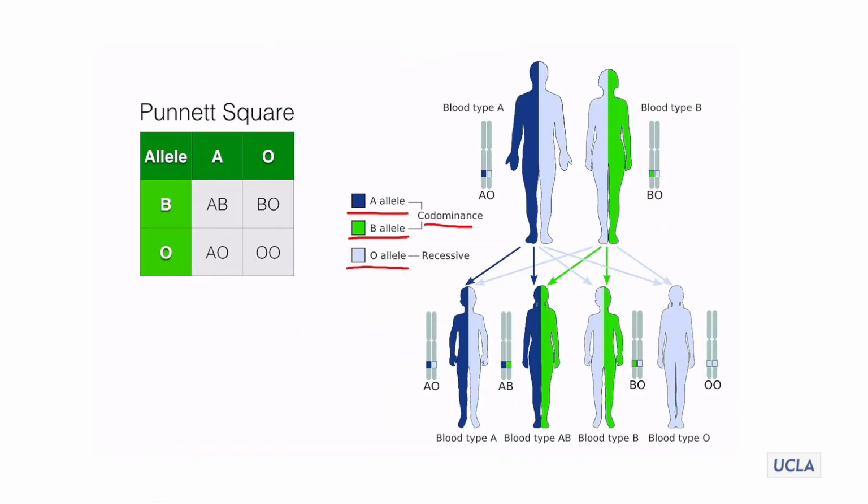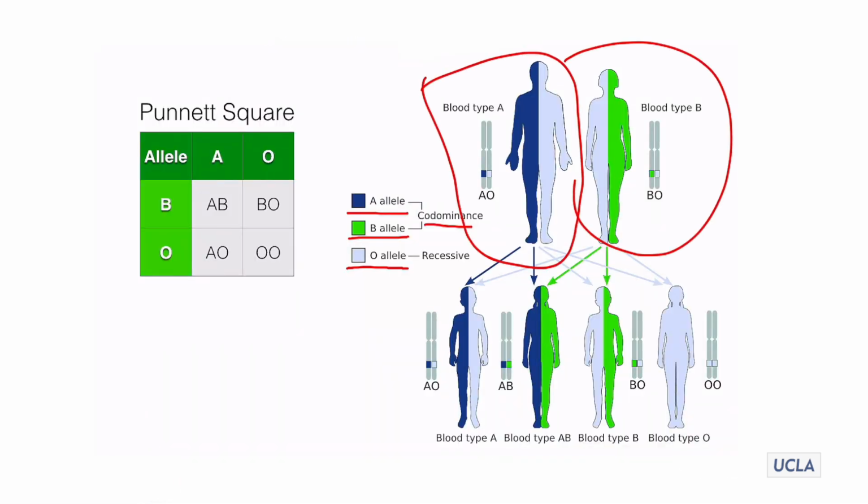Let's say you have two people who are going to reproduce. One person has A-type blood and one person has B-type blood. And the type of blood that their offspring will have is going to depend on what their genotype is. So let's say this person who has A-type blood has AO genotype, and the person who has B-type blood has BO. In that case, if we draw out our handy-dandy Punnett square, we can see that there are 4 different possibilities of blood types in their offspring.